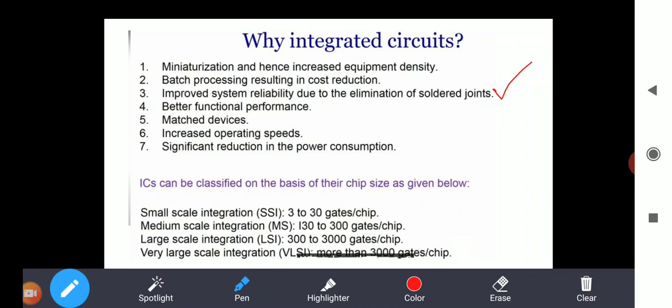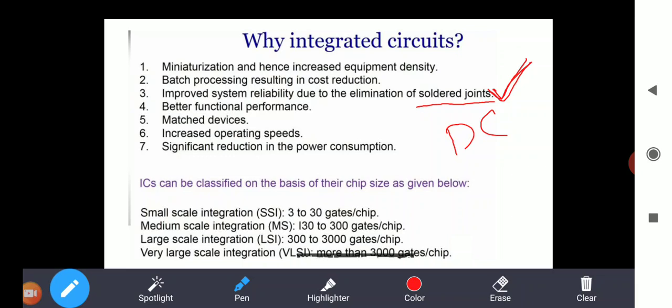Here reliability is also improved, and we won't use any soldering joints. In the discrete circuits, resistors and capacitors use soldering joints, but in the ICs, soldering joints are not there. So system reliability increases.